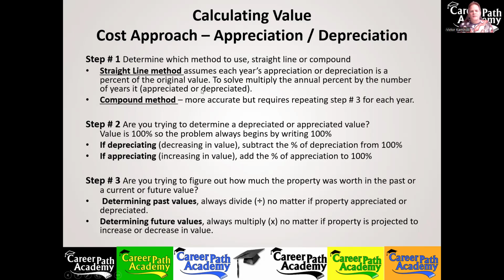The straight line method assumes each year's appreciation or depreciation is a percentage of the original value. To solve, you multiply the annual percentage of appreciation or depreciation by the number of years. It's pretty straightforward. The compounding method is more accurate, but it requires repeating step number 3 once for each year, which we didn't get to yet.